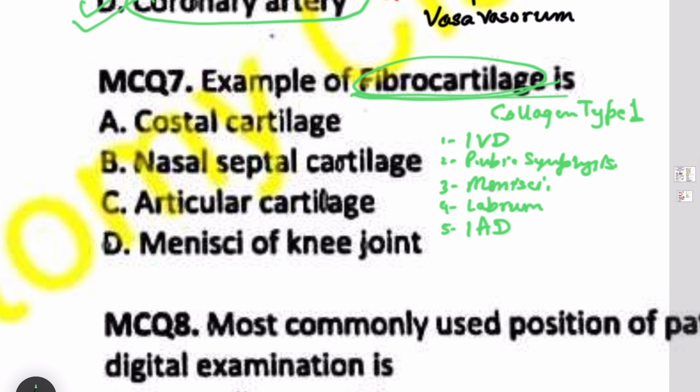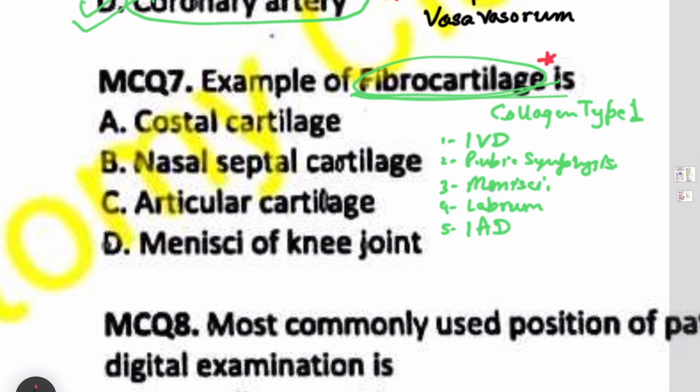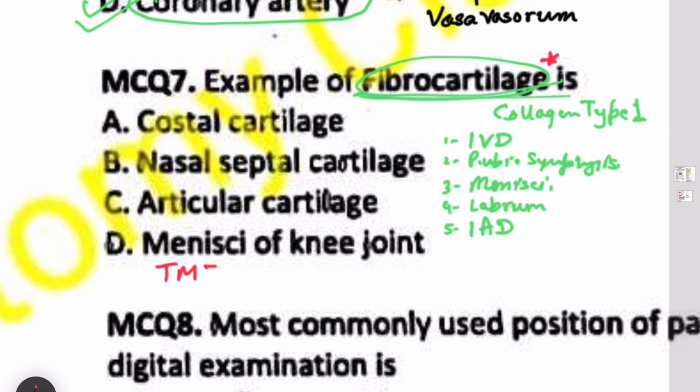By the way, just to remind you, an important thing here: there was actually a question regarding the TMJ. Remember that the disc in the TMJ, the temporomandibular joint, is not a fibrocartilage.